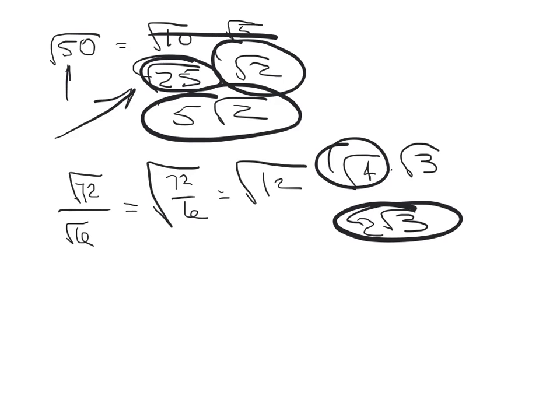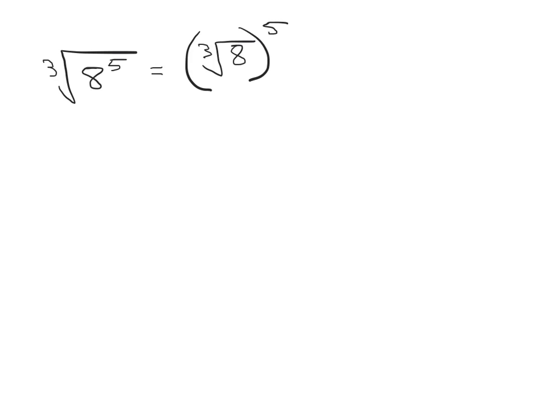Okay, now if you look at F there, F is where we're starting to get into some of the fun stuff. We have the cubed root of 8 to the 5th power. Okay, I don't know about you, but to simplify this, let's just do it the way the book does. They get the cubed root of 8, and then that is to the 5th power.